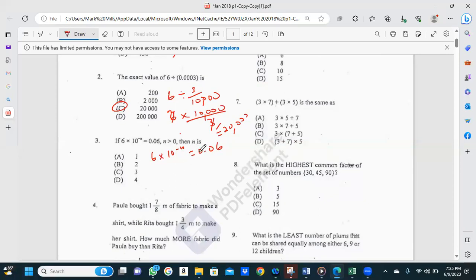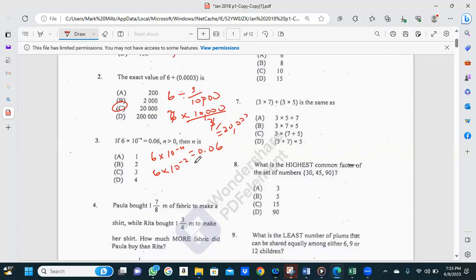Okay, let me ask the question. Which other way can I present 0.06 as a decimal, as a fraction? 6 over 100, right? So that means I can present this one as 6 times 10 to negative 2, because negative 2 gives me 100.